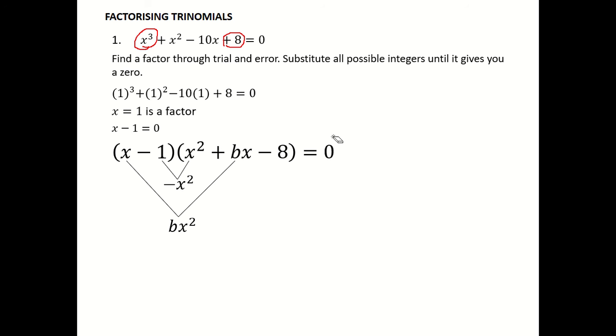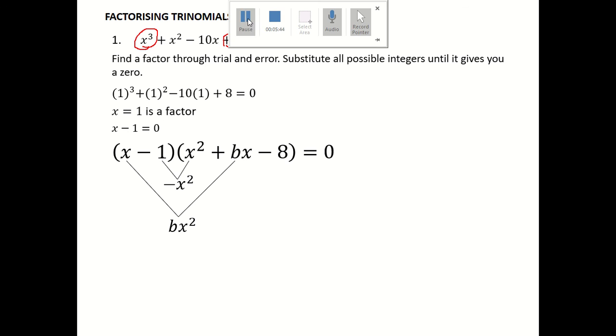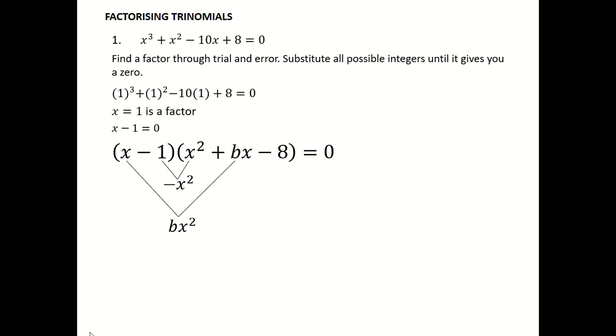When you add bx squared with minus x squared, they should give you a term that has x squared in the original equation.